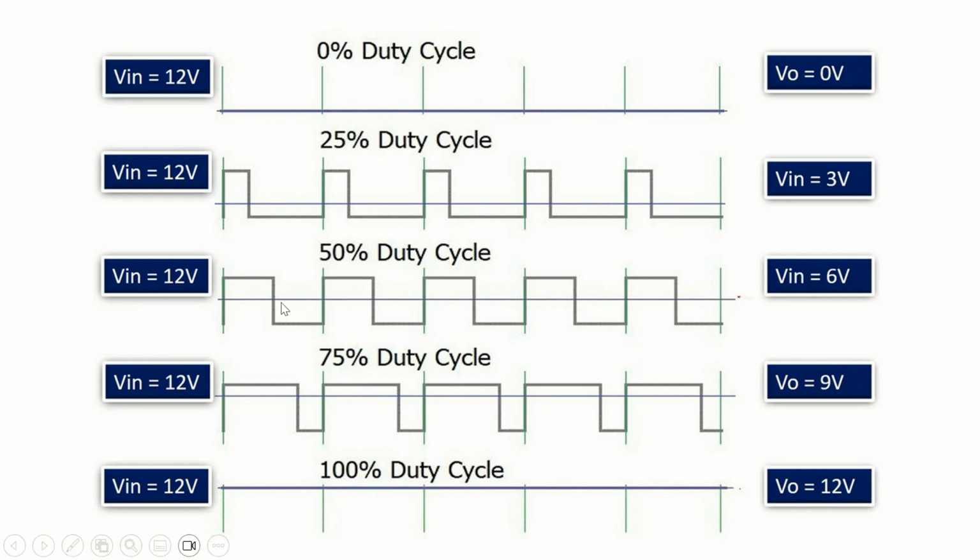Let's say 50% of the time you make it on, 50% of the time you make it off. So the average DC the motor will get is 6 volts. Similarly, if 75% of the time you make it on and 25% of the time you make it off, exactly opposite to the second case, then the motor voltage applied is 9 volts.